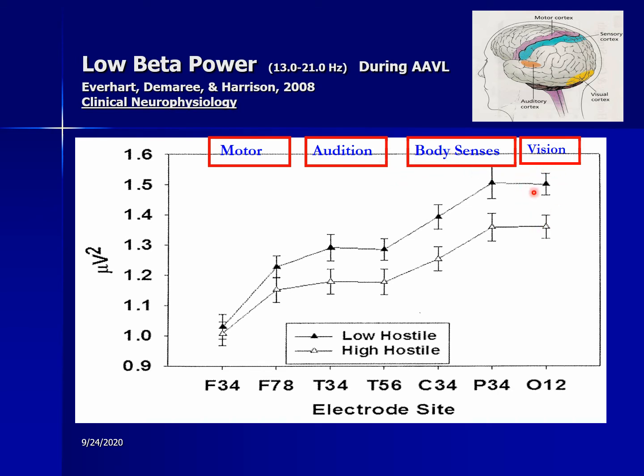So these are over the occipital lobe, these are over the parietal lobe, these are over the temporal lobe. But across these different electrode sites, again, high hostile folks are under-aroused using electrical activity in their brain, the EEG, when compared with low hostile individuals.